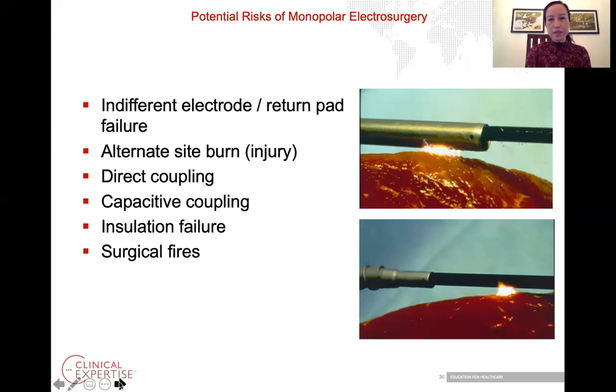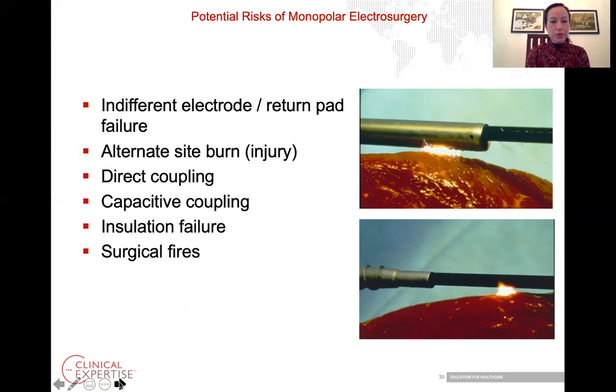This would result in a burn at the exit site. Direct coupling occurs when an active electrode is activated too close to another conductive instrument or metal object, while capacitive coupling occurs when two conductors are separated by an insulator. Both can cause unintended injury.